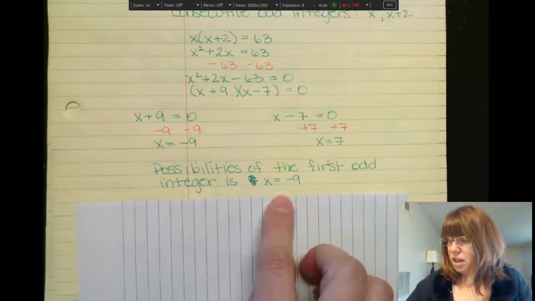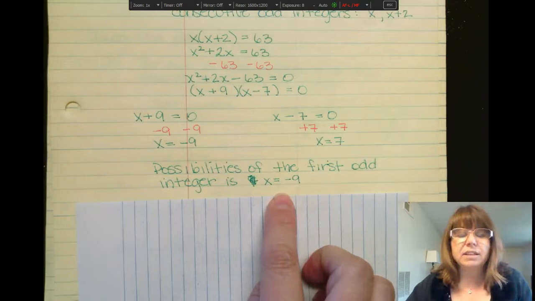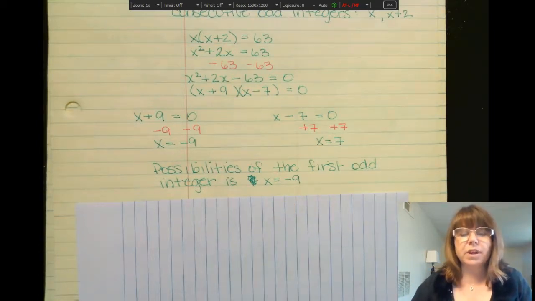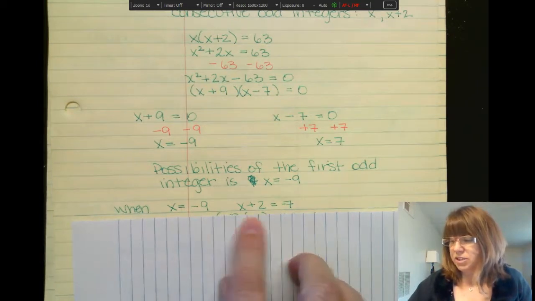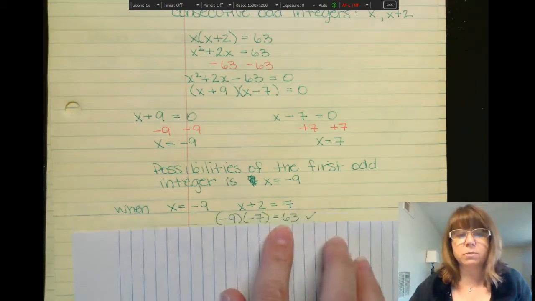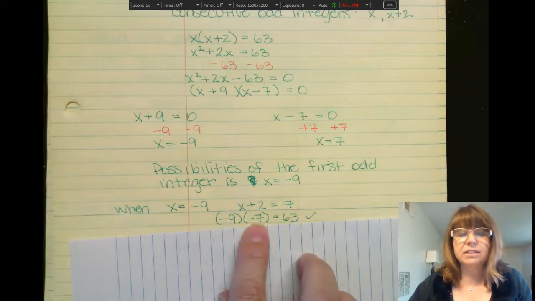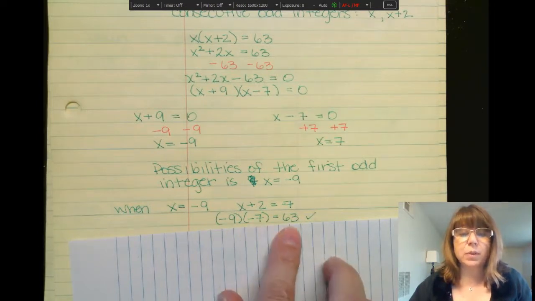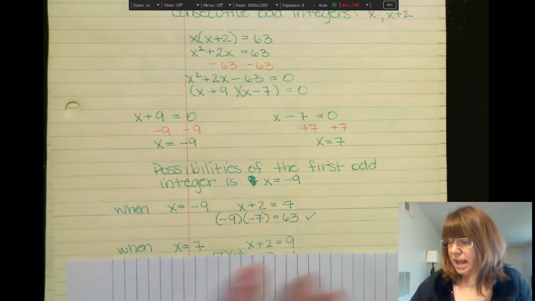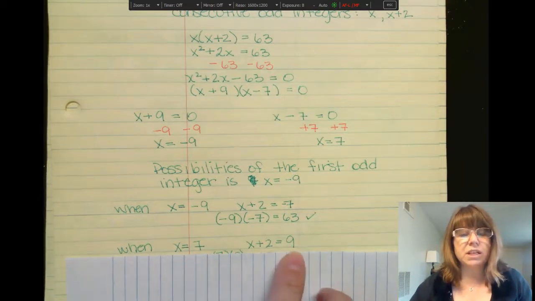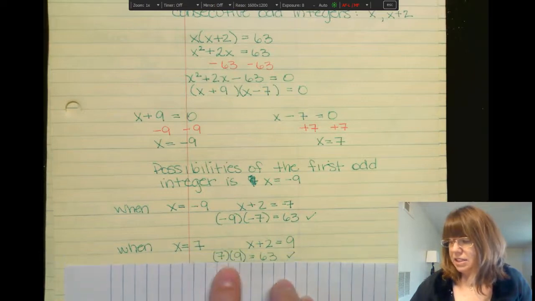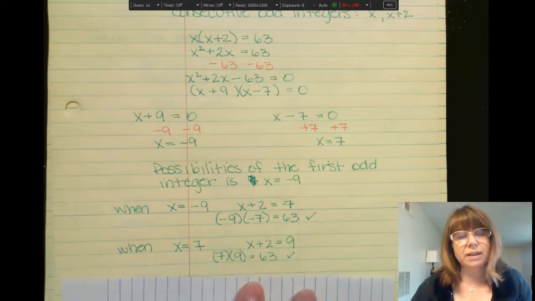The first possibility is negative 9. When x is negative 9, x plus 2 equals negative 7. And just to double check, negative 9 times negative 7 does equal 63. When x is positive 7, x plus 2 is going to be 9. 7 times 9 is 63.